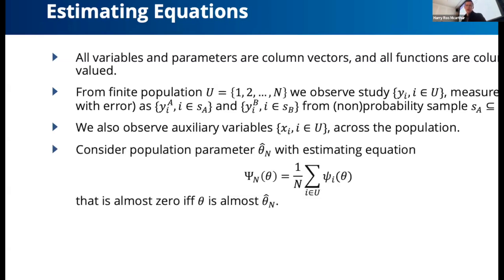Okay, so here we get to the estimating equations. So we're going to consider some population parameter that is a function of sort of every unit in the population. With this estimating equation here, it's just an average that is a function of our possible mean, median, whatever else.